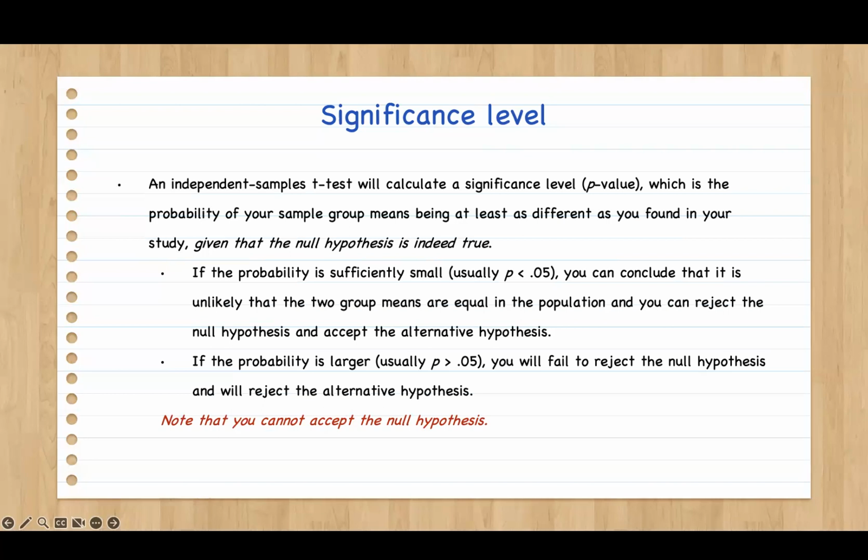If the p-value is larger than 0.05, you can conclude it's likely the two group means are equal in the population, and you fail to reject the null hypothesis. So remember, this is not about the sample means. We are always referring to the population means.